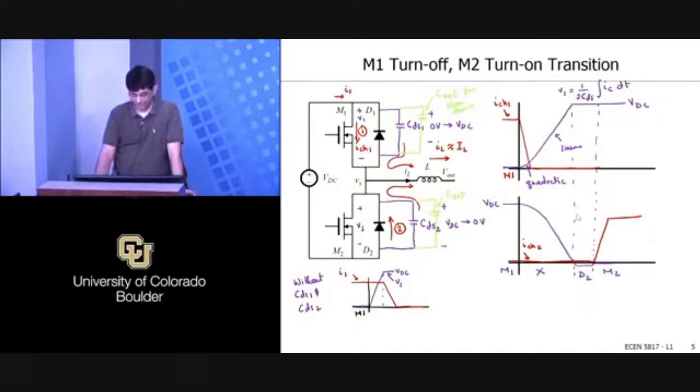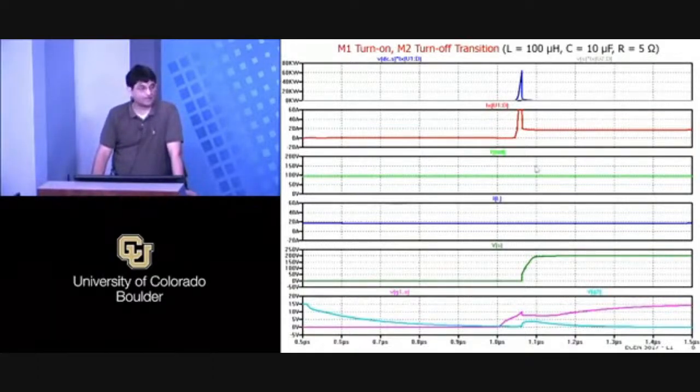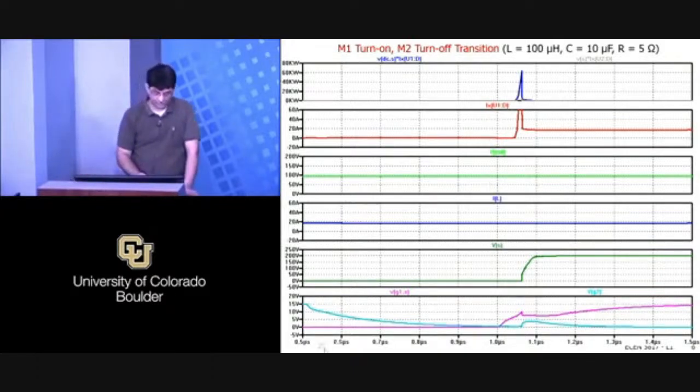Now let's look at the more tricky transition. This is where we had a much larger amount of energy going into the M1 device, and we'll see where that energy goes and what the cause is. We saw two things happening here.